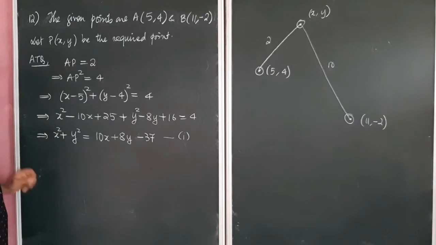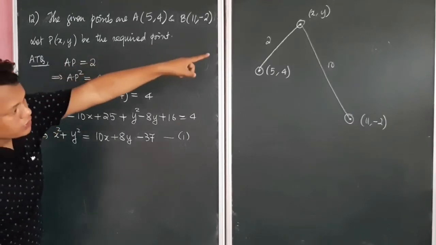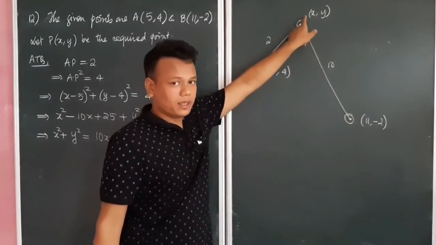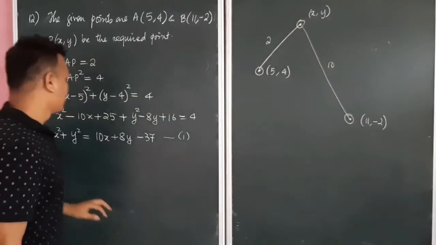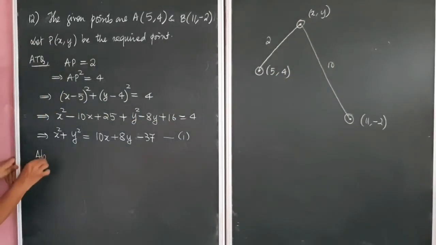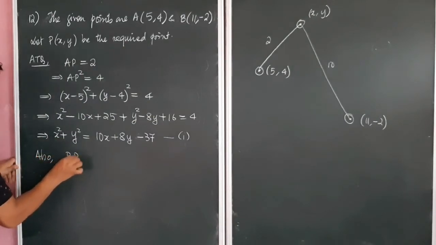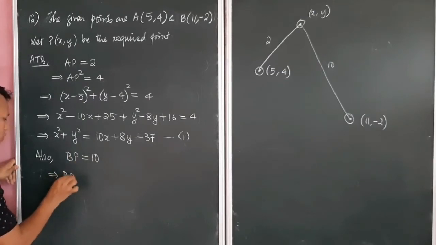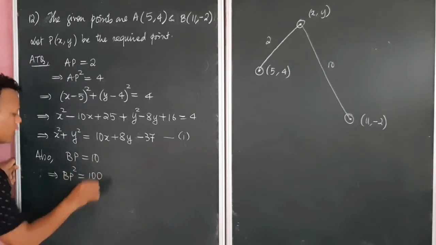Now another condition is that we must have this distance, PB, equal to 10. As I said, BP must be equal to 10, or in other words BP square will be equal to 100.